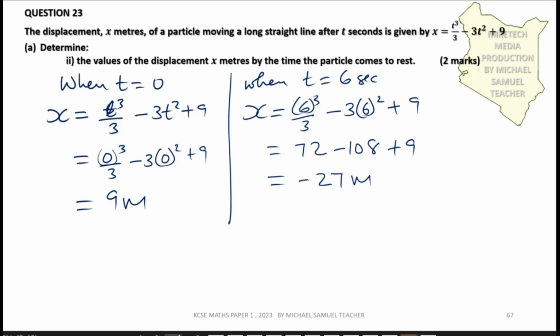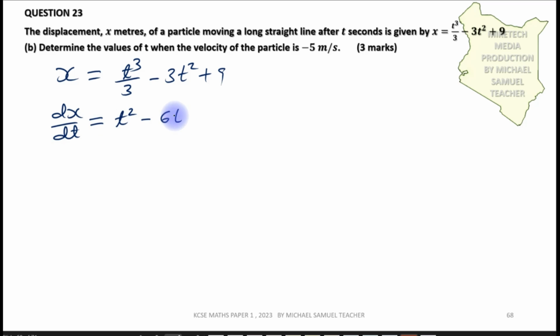Then part B of the question: determine the values of t when the velocity of the particle is minus 5 meters per second. Remember, for displacement, we have t cubed over 3 minus 3t squared plus 9, and therefore dx/dt, we got it as t squared minus 6t.